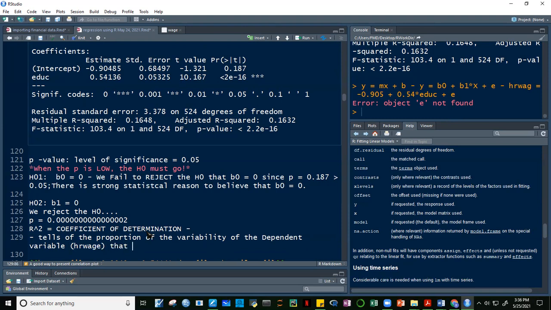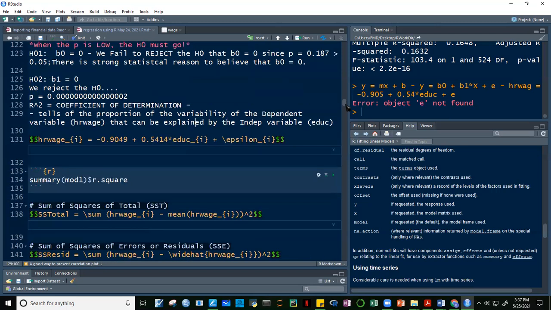That can be explained by the independent variable. And that's your education. Okay. So yan yun, ano? Yan yun. Coefficient of determination.